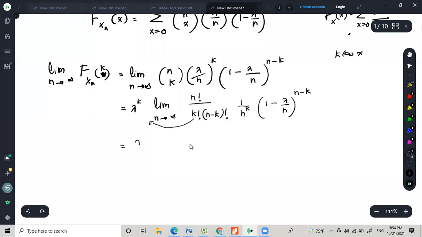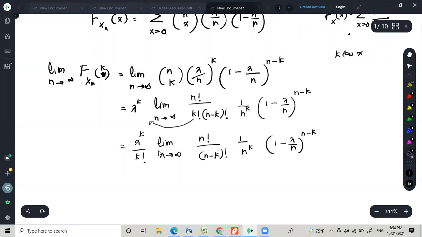So let's write lambda to the k over k factorial outside. And we have the limit, n goes to infinity, of n factorial over n minus k factorial, and then we have 1 over n to the k, and the rest is there.